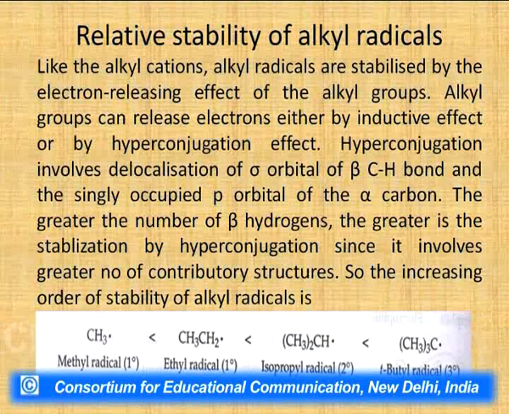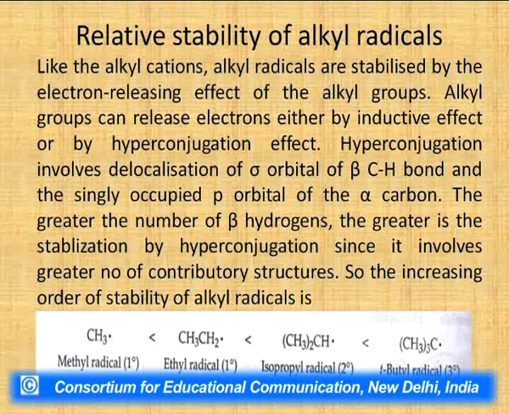You can see in the ethyl radical, the beta C-H bond and alpha carbon. The greater the number of beta hydrogens, the greater will be the hyperconjugation, because we have already discussed that it is the delocalization of the sigma orbital of beta hydrogen and alpha carbon.